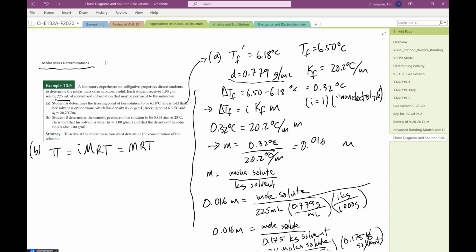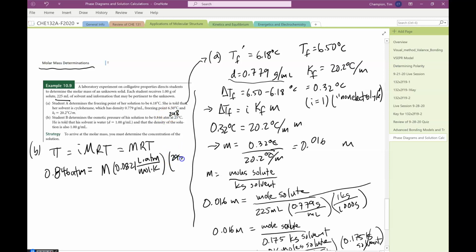All right, so what do we know? Well, we know that the osmotic pressure is 0.846 atm. We don't know the molarity. We know the gas constant, 0.0821 liters times atmospheres over moles times Kelvin. And we know the temperature, 25 degrees C, is 298 Kelvin.